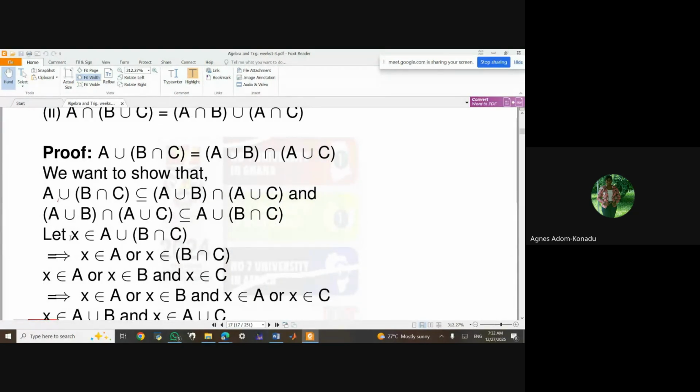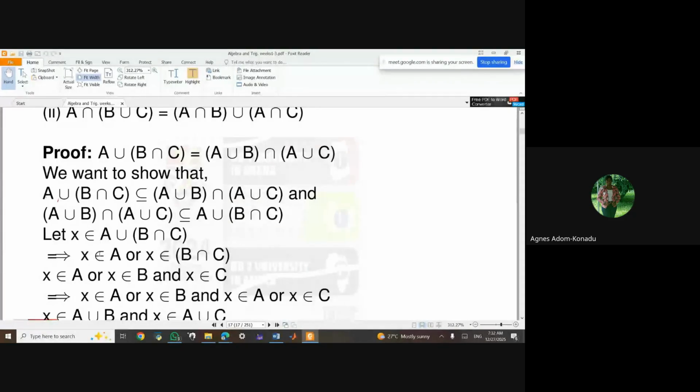So I'll pick an element X. Let X be in A union (B intersection C). This means that X is in A or X is in B intersection C. So remember I told you that or is for union and then and is for intersection.